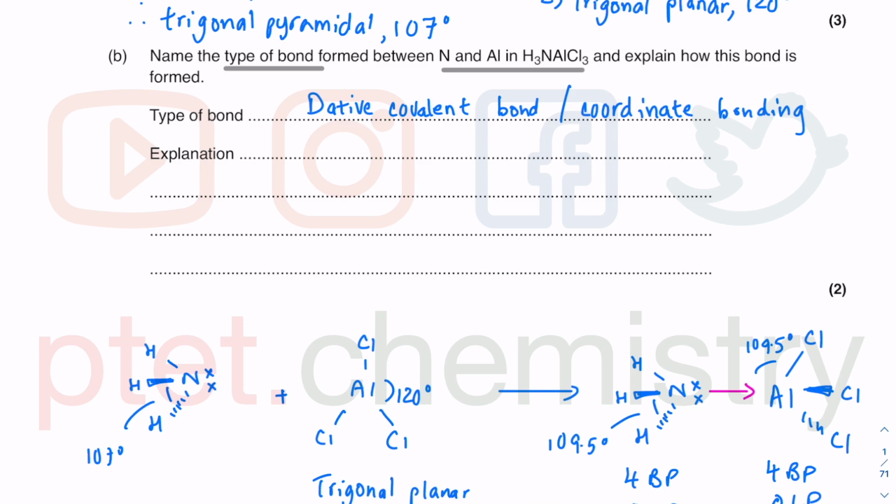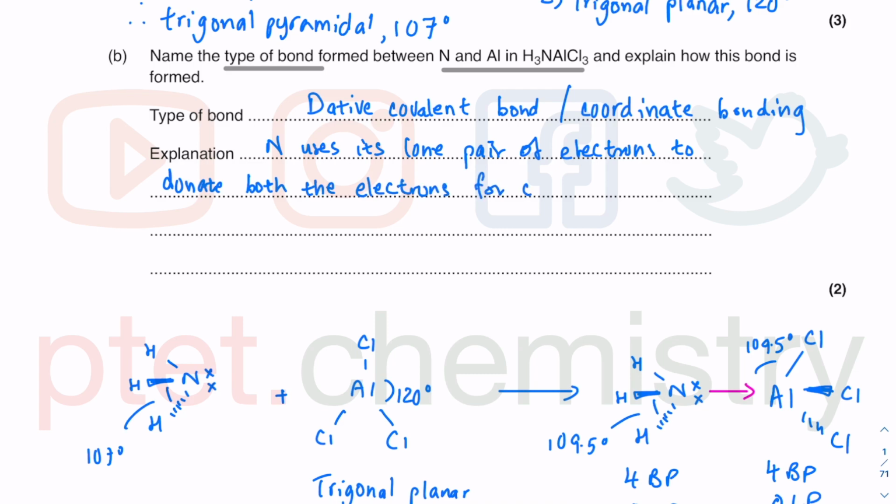So in terms of the explanation, the nitrogen uses its lone pair of electrons to donate both the electrons for covalent bonding to the empty orbitals. So you must have an empty orbital that can accept the two electrons on the aluminium of the AlCl3 molecule for that 2 marks there.